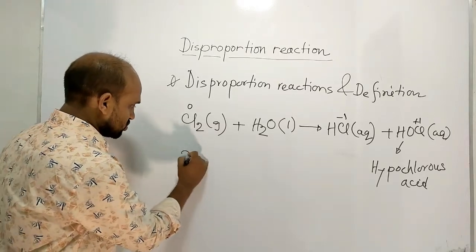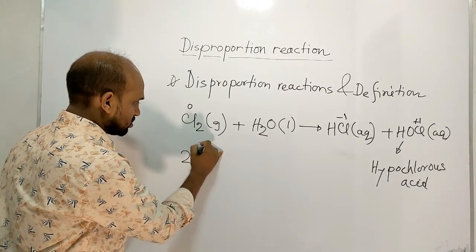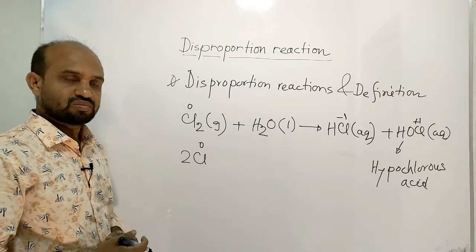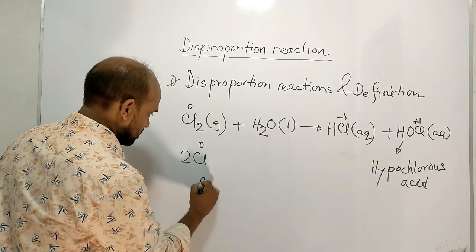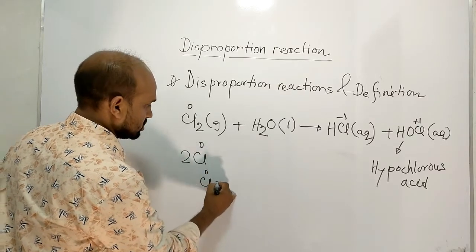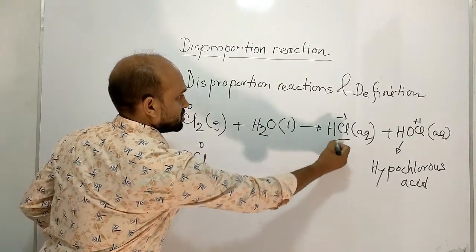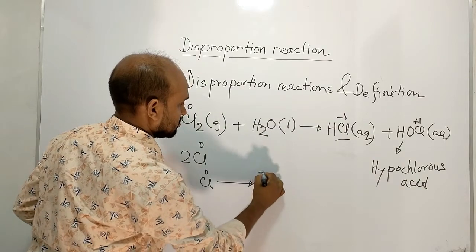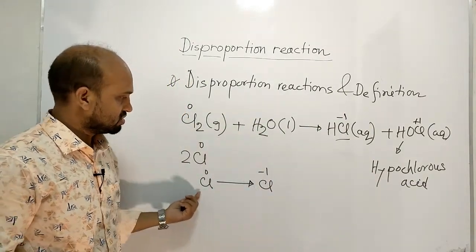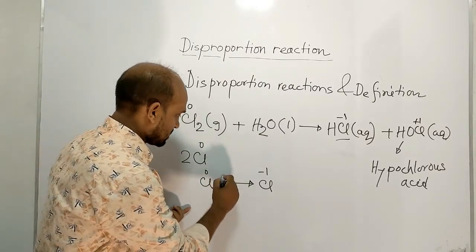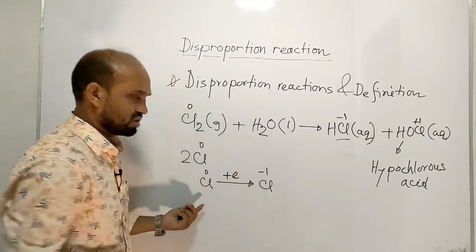So a total of 2 chlorine atoms with oxidation number 0. Out of these 2, 1 chlorine atom goes from 0 to -1. That means it accepts an electron.